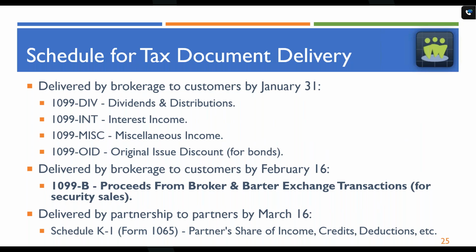And if you own a publicly traded partnership, a limited partnership or master limited partnership, you're going to need a K1 from that partnership, and they don't have to deliver it to you until March 16th, which is one reason we recommend you don't own publicly traded partnerships. You may not get the information you need in time to file your club's returns and may always have to file an extension.